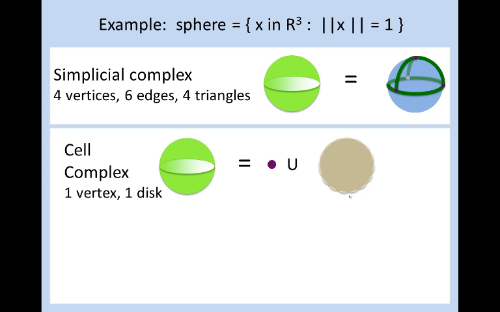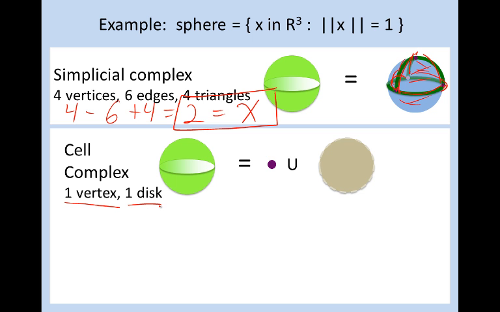Let's now take a look at the sphere. The simplicial complex for the sphere had 4 vertices, 6 edges, and 4 faces, and so we had 4 minus 6 plus 4 equals 2, so the Euler characteristic of the sphere is 2. For the cell complex, we will find that we only need 1 vertex and 1 disk.